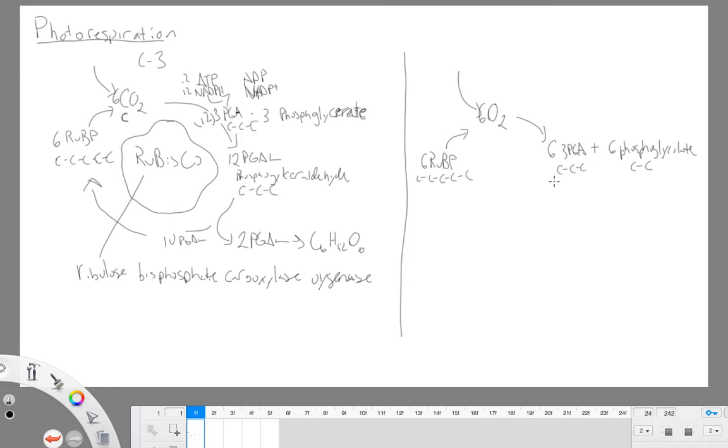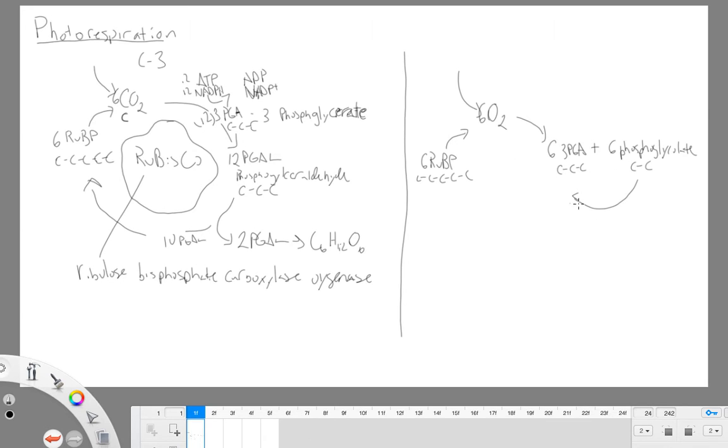Now, what our plants ultimately want to do with photosynthesis is to create glucose, and really you need 12 of these PGALs to do that. But now we only have 6 of these. So we're missing some. Now, our plants have evolved what people refer to as a salvage pathway, and it's a complex pathway where it takes these phosphoglycolates and converts some of them back to these 3-PGAs, these phosphoglycerates.